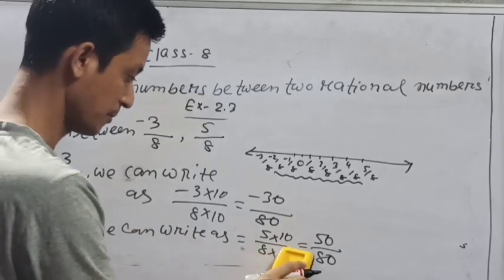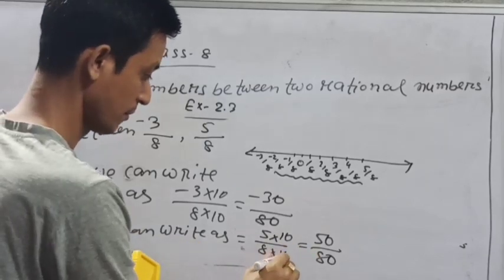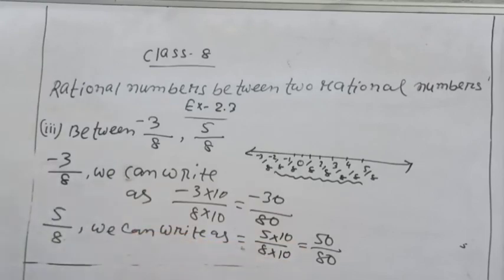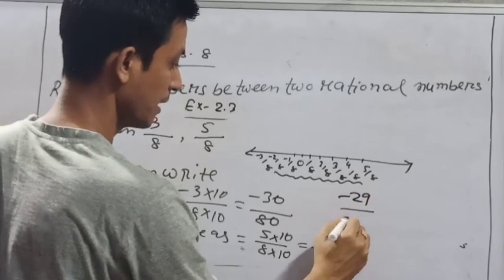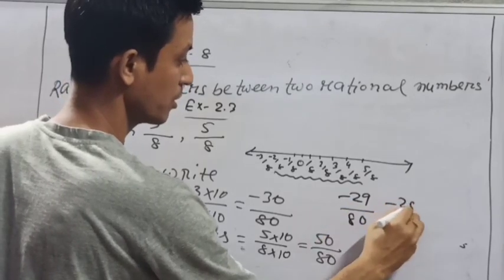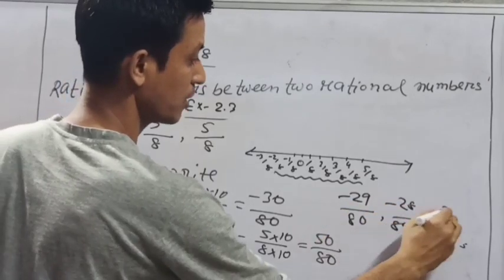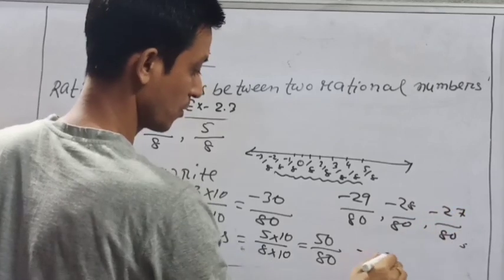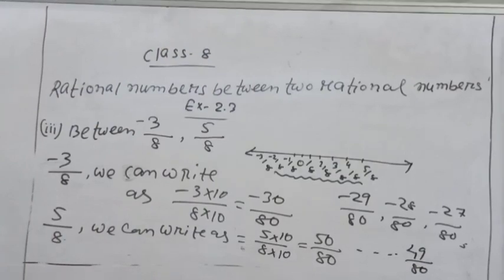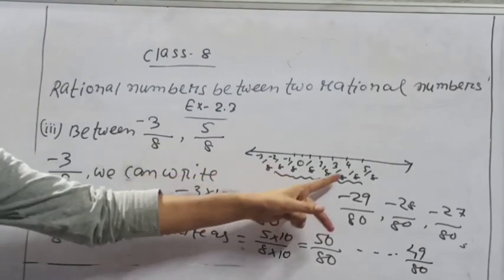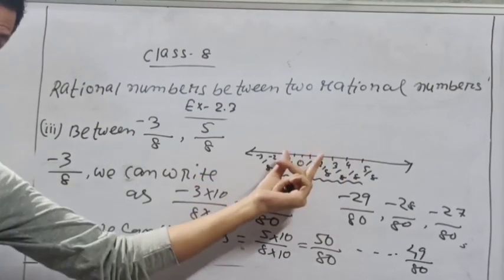So between minus 30 by 80 and 50 by 80 we have minus 29 by 80, minus 28 by 80, minus 27 by 80, dot dot dot up to 49 by 80. So this is another way. So here we can easily find numbers like that.